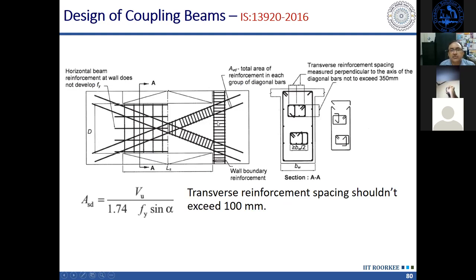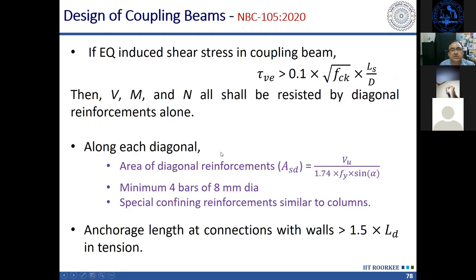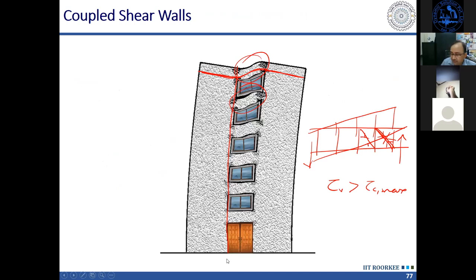And this vertical reinforcement you see here is actually the boundary element, because both these shear walls will have boundary elements along these edges. So the reinforcement detailing will be done like this, with these boundary elements, and then here we will have these bundles of cross reinforcement.